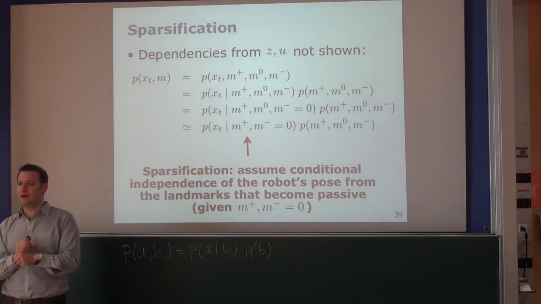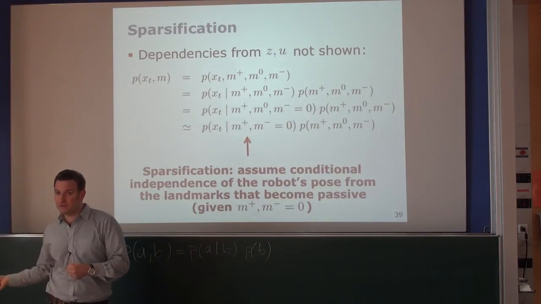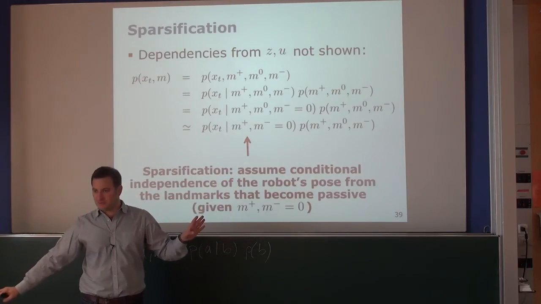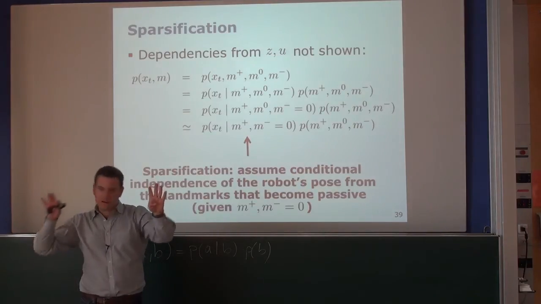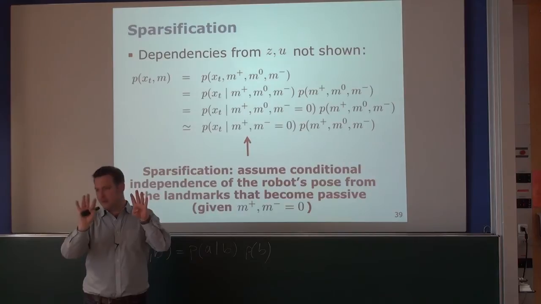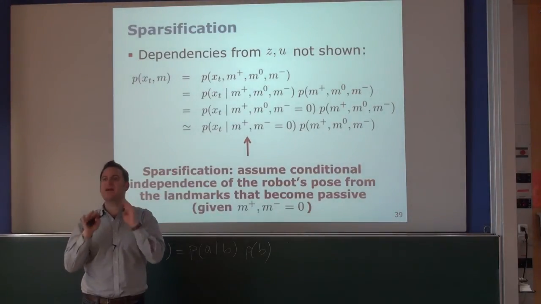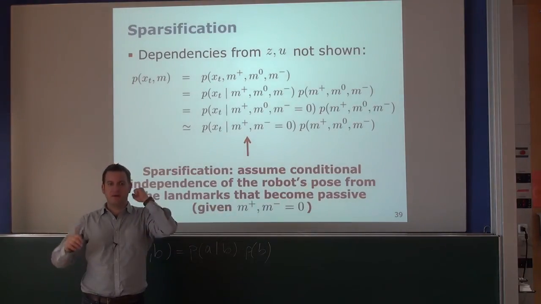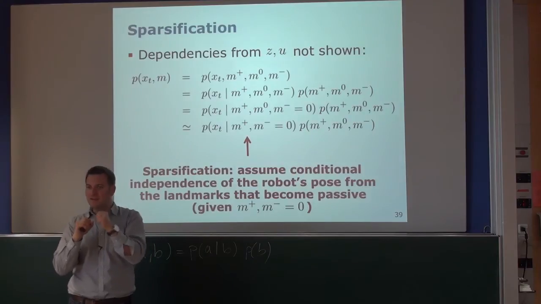Given all other landmarks, so given the active ones and the passive ones, which are all other elements of my state space, the robot pose and the ones which become passive are independent of each other. This is my sparsification assumption. Given everything else, xt and m0 should have no direct links. Right? This is the assumption I make.